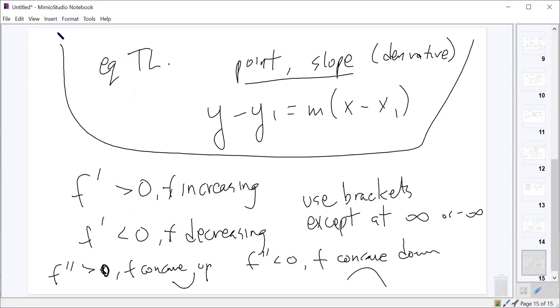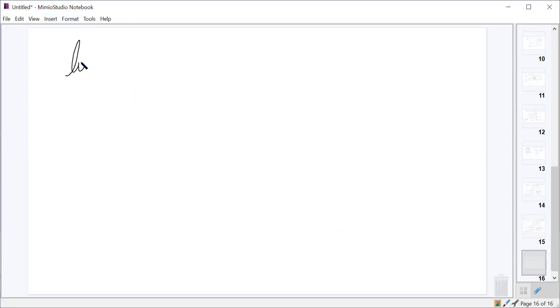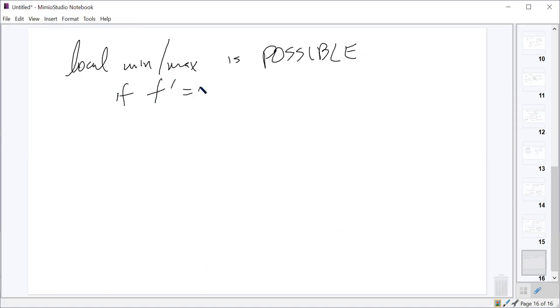I want to make a note about a couple things about that. A local min or max is possible if f prime equals 0 or f prime is undefined. These are called critical values, places where the derivative is 0 or where the derivative is undefined.